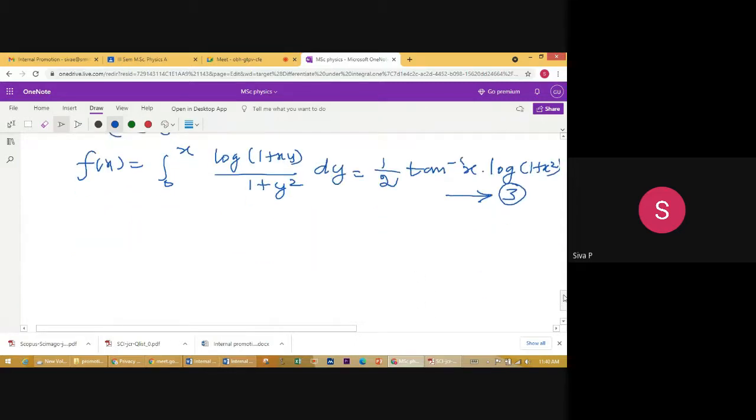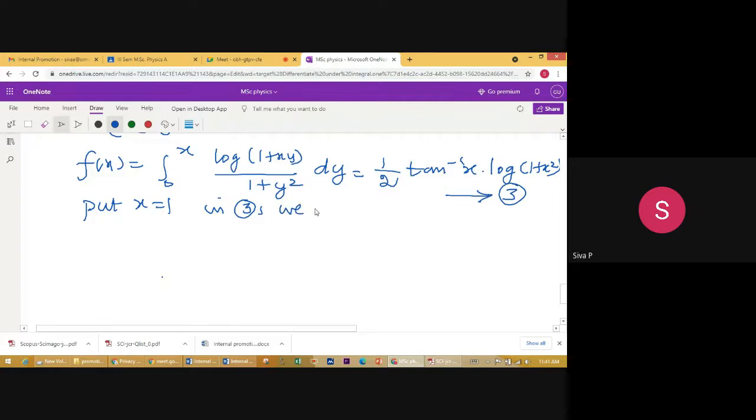One more result we need: integral over 0 to 1 of log 1 plus x by 1 plus x square dx. For that, we need to substitute x equal to 1 in 3.